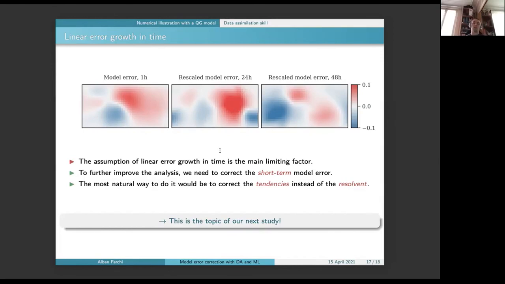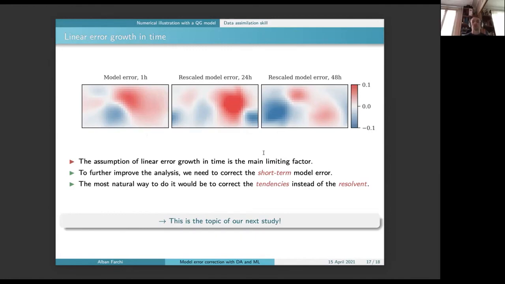So what we conclude is that if we want to further improve the analysis, what we really need is to correct the short-term model error. And if we stick to the resolvent corrections that we have been using so far, this is a challenge, because it is much harder to detect the short-term model error in the analysis increment than it is to detect, say, the mid-term or long-term model error.